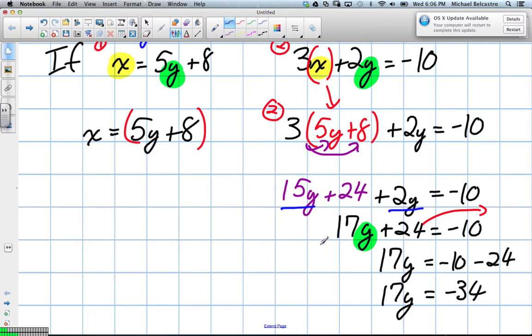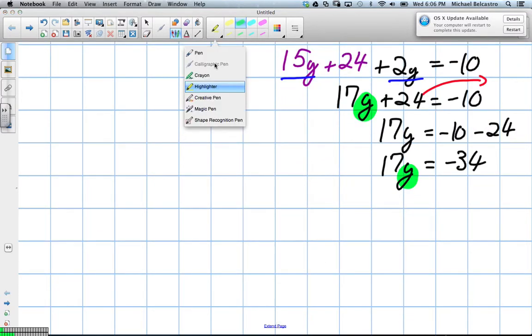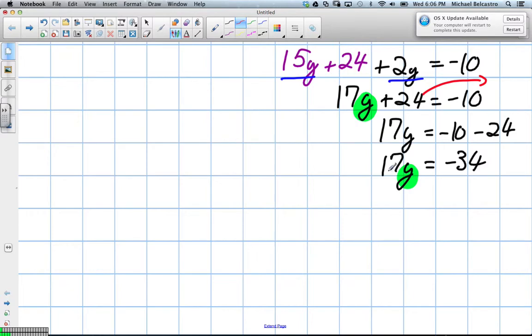Okay, and we still have to isolate for y. So since it says 17 times y, what do we have to do here to move that 17 to the other side? You divide. That's right, because it's multiplication, we have to divide. So -34 divided by 17 is actually the value of -2.